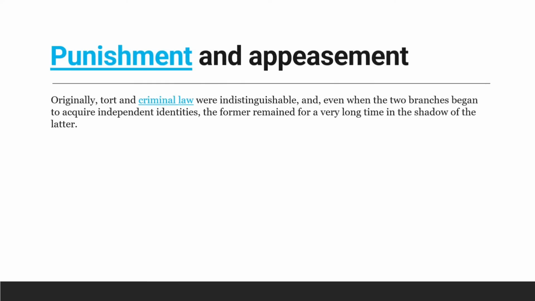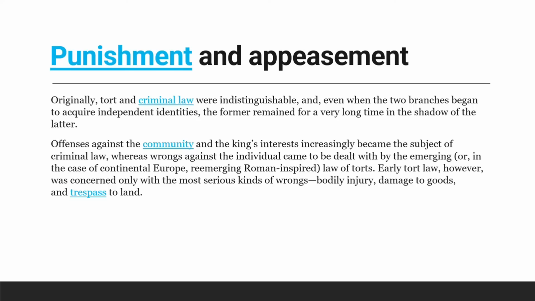So, punishment and appeasement. Originally, tort and criminal law were indistinguishable, and even when the two branches began to acquire independent identities, the former remained for a very long time in the shadow of the latter. Offenses against the community and the king's interest increasingly became the subject of criminal law, whereas wrongs against the individual came to be dealt with by the emerging law of torts, or, in the case of continental Europe, the emerging Roman-inspired law of torts.